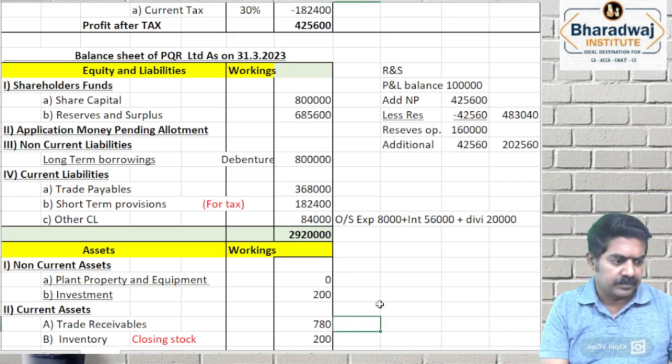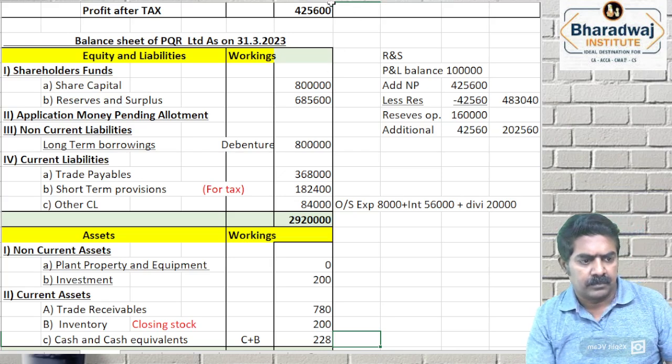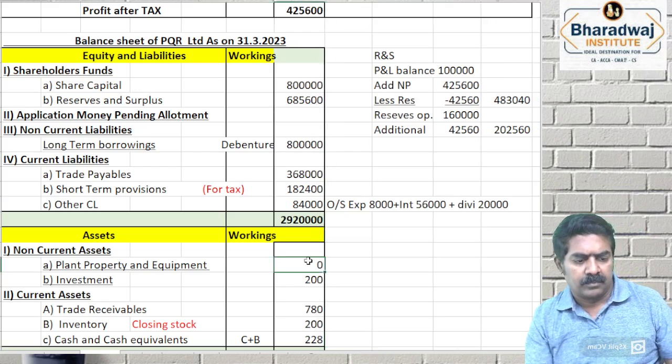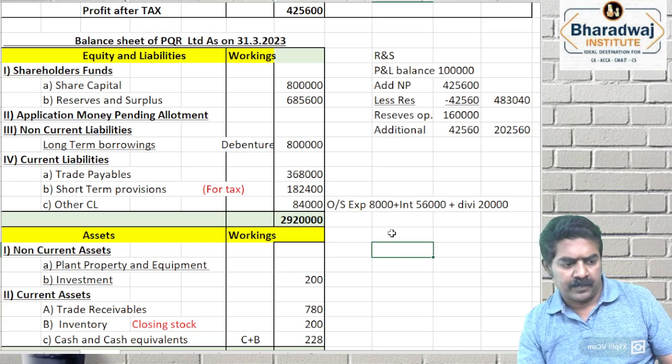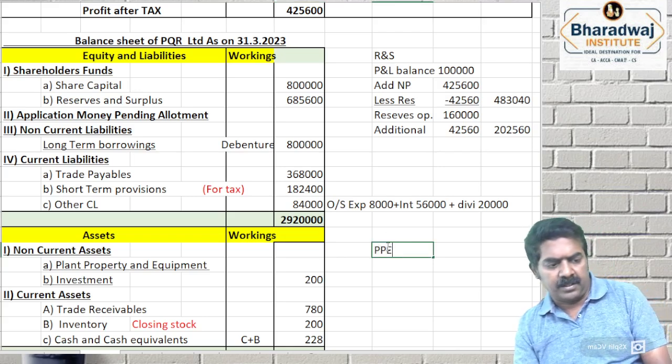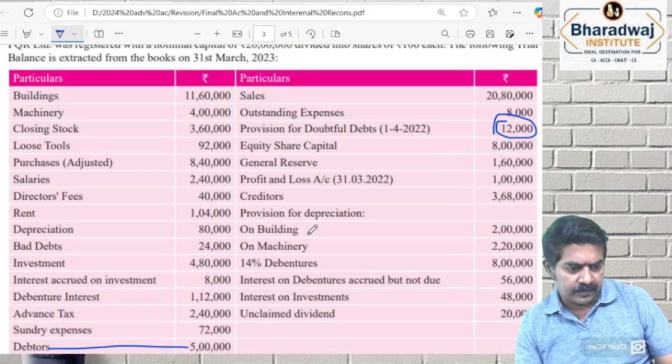Next. Plant, property, equipment. PPE. What will come in PPE? Provision for depreciation minus பண்ணிப்போம்.